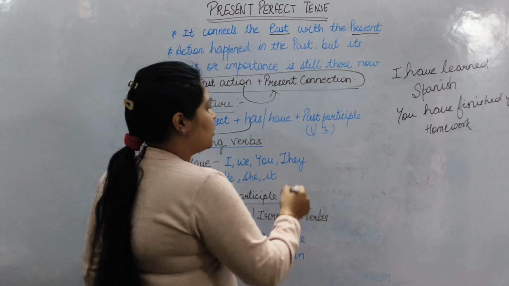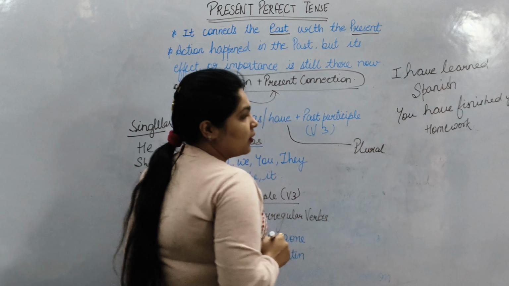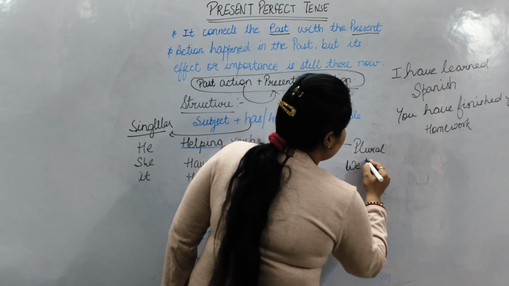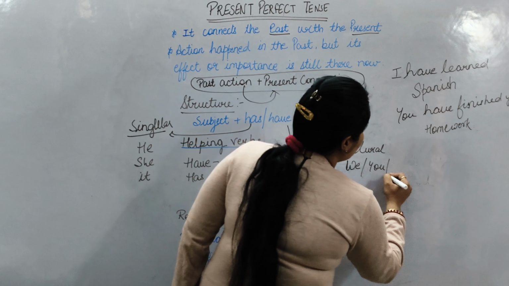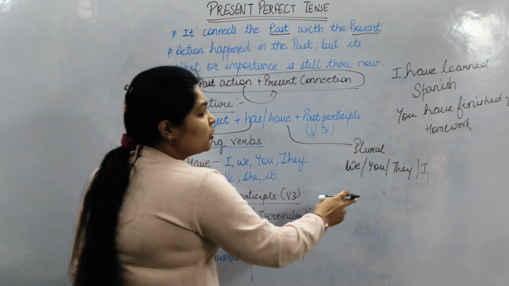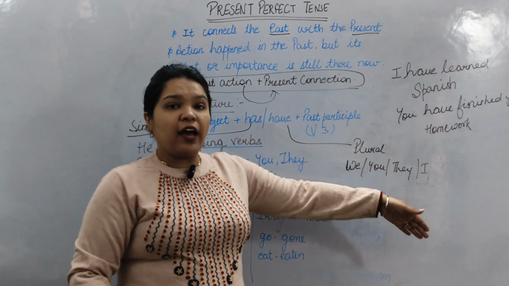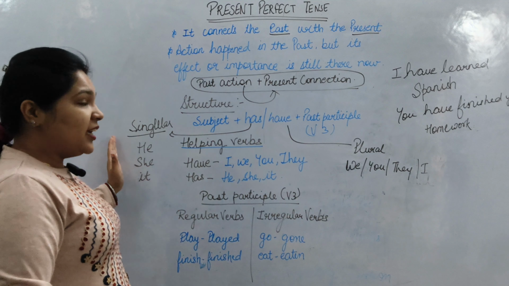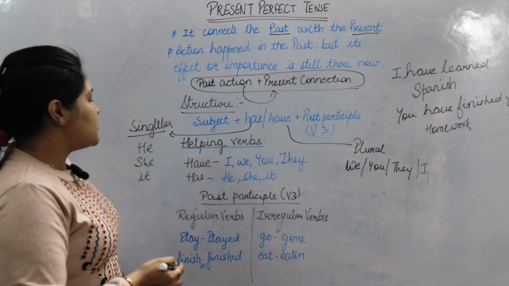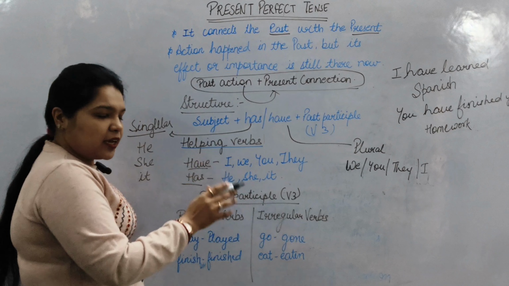Have is used with the plural, and we, you, they, I. In this we use have. We have, I have, you have, they have. He has, she has, it has. Helping verbs have or has. I, we, you, they, he, she, it.